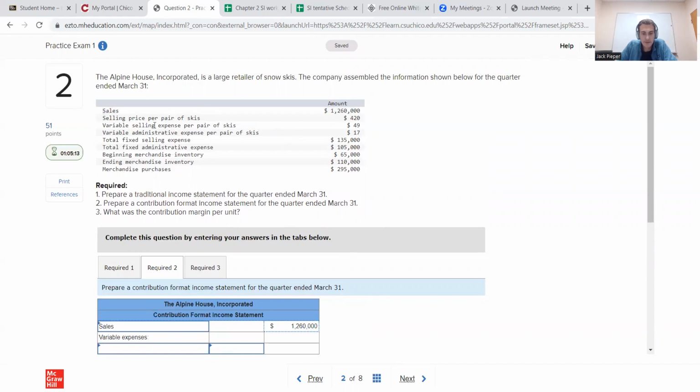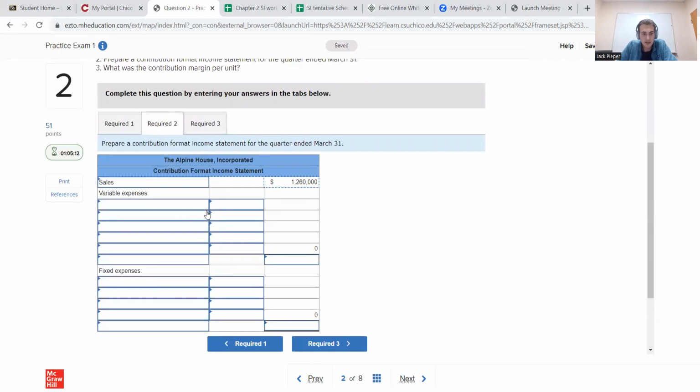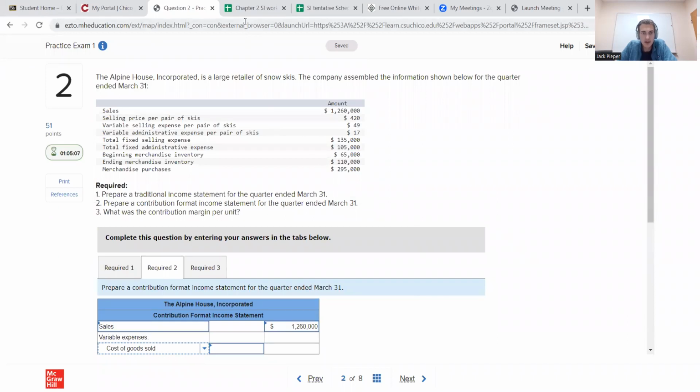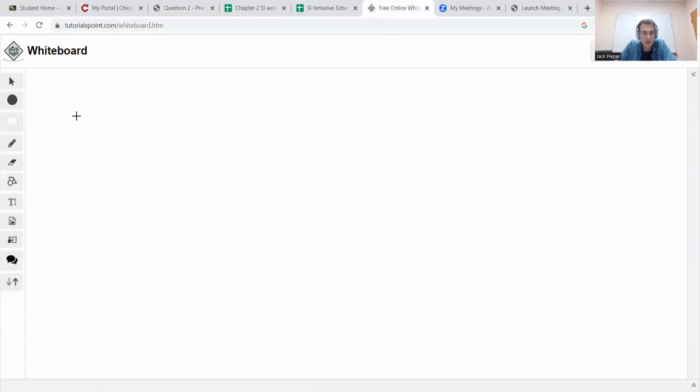So the way we're going to find our cost of goods sold here, which is a variable expense, is going to be, let me go to the whiteboard. It'll be our beginning plus purchases.